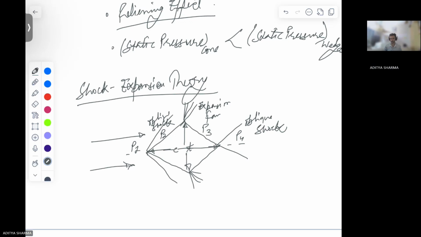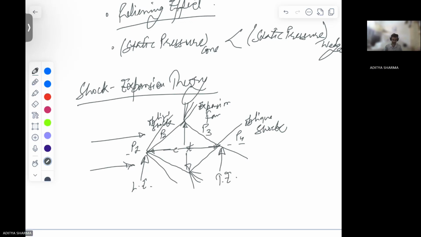Okay. Total properties remain same. So diamond shape, I hope this is clear. So this again is a 2D section of this diamond shaped structure, where this is the leading edge, this is the trailing edge. Right?